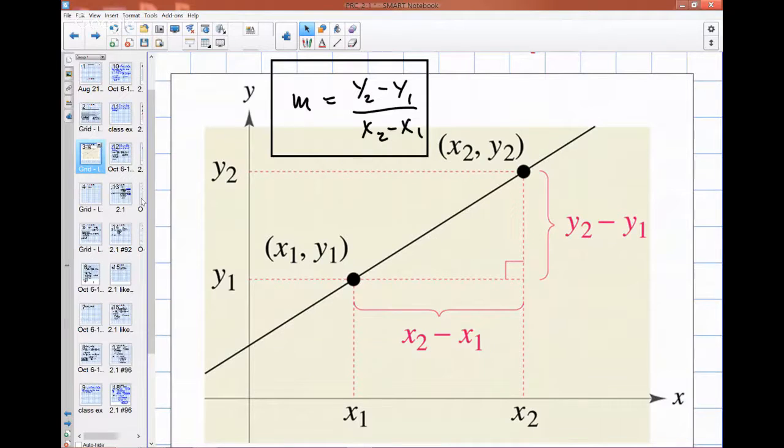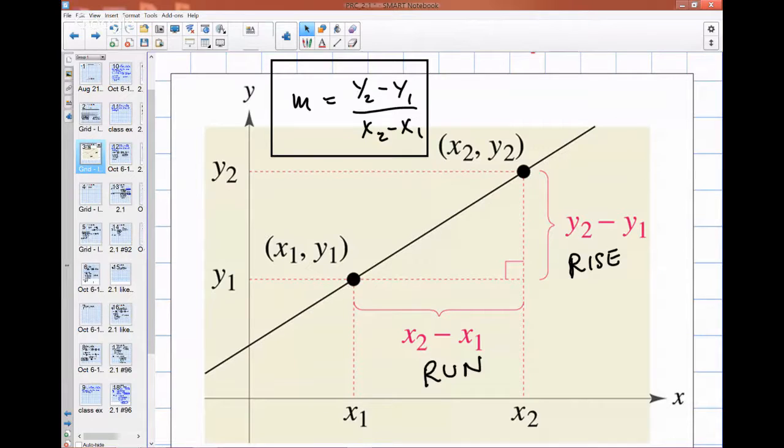So what we have here is a slide that shows a generic 2 points, x1, y1, and x2, y2, and a reminder of how one calculates slope. Different people have had different teachers and have been taught this differently. You might have been told this amount going vertically is the rise, and the horizontal, sometimes they call run.